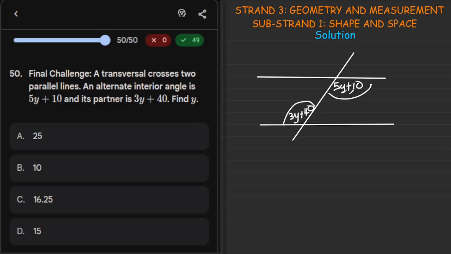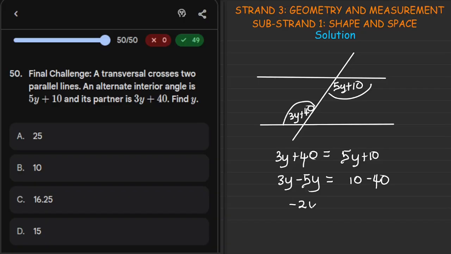Now we know what happens to alternate angles. Alternate angles are always equal. So this simply means the angle we have here, 3y plus 40, is equal to 5y plus 10. So let's make y the subject. We have 3y minus 5y being equal to 10 minus 40. 3y minus 5y gives us negative 2y.